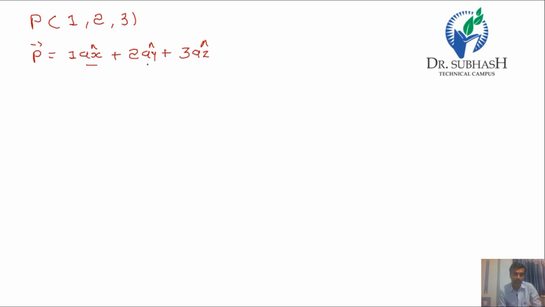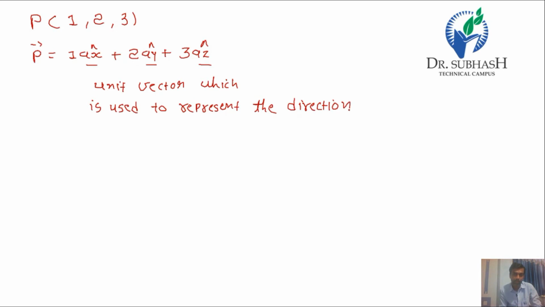Here ax, ay and az are unit vectors which are used to represent the direction, and 1, 2 and 3 are the components in x, y and z direction.